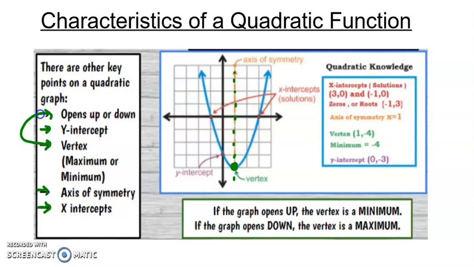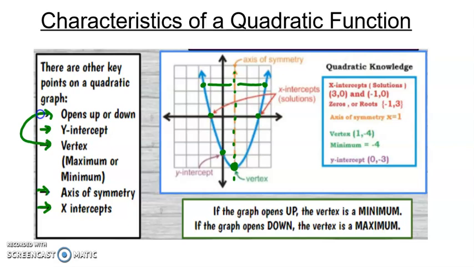It's the same on both sides, where it's just kind of reflected across that line. So any point on a graph is going to be equidistant from another point reflected across that axis of symmetry. And then we've got our x-intercepts here and y-intercept.